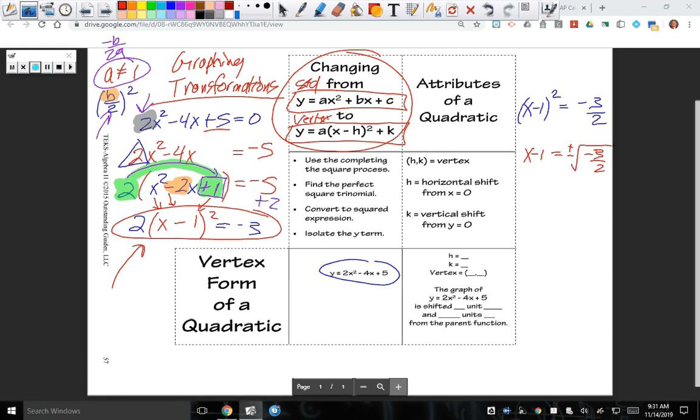Okay. If I wrote this as 2 times (x minus 1) squared plus 3 is equal to 0, is that allowed? Yeah, because I just added 3 to both sides. And now that I have this set equal to 0, it's almost like saying y is equal to all of this.